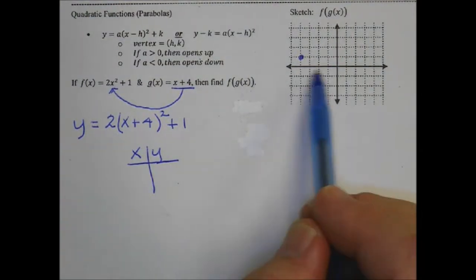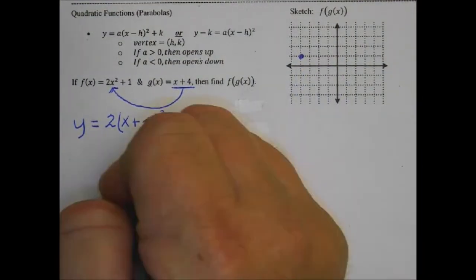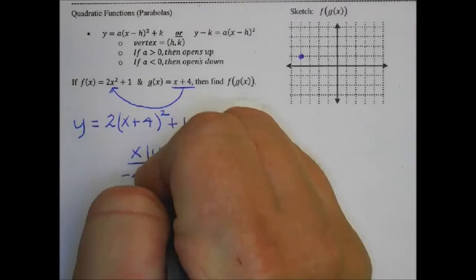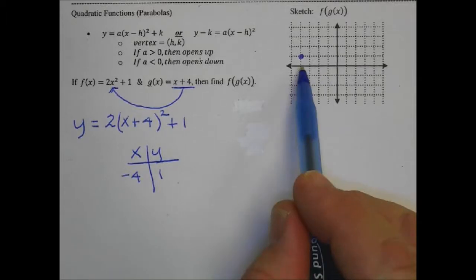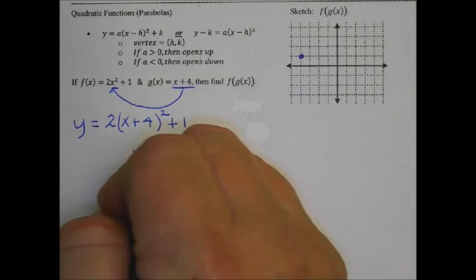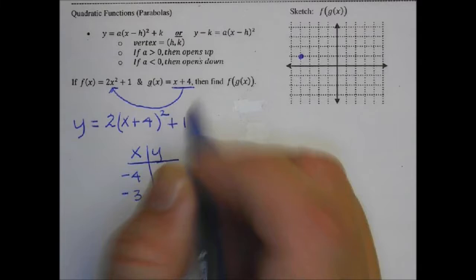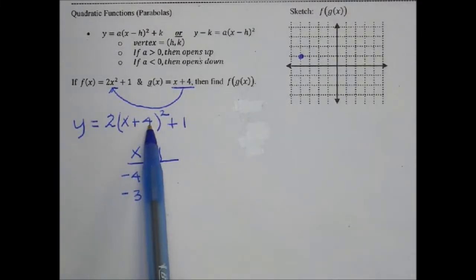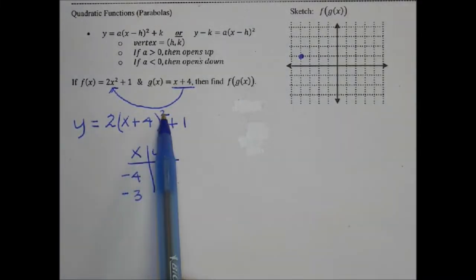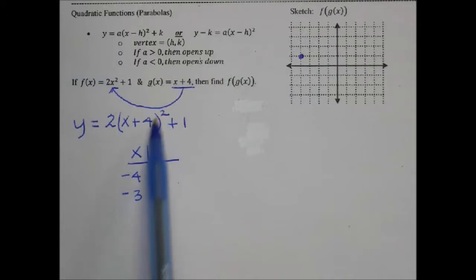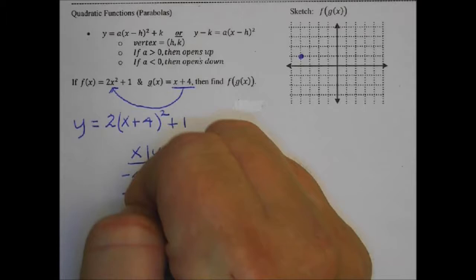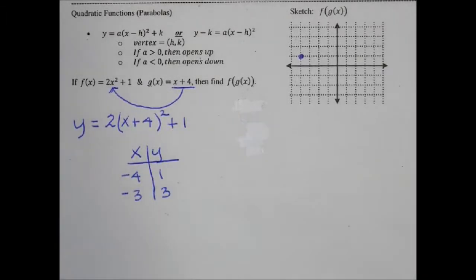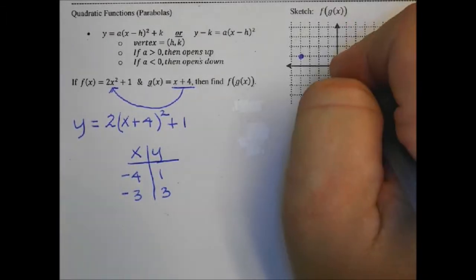If we already know what happens when x is -4, y is +1, we know that simply from the equation. So let's go 1 to the right, and let's see what happens when x is -3. So -3 plus 4 is +1. +1 squared is still +1. 2 times 1 is 2, plus 1 is 3. So when x is -3, y is +3.